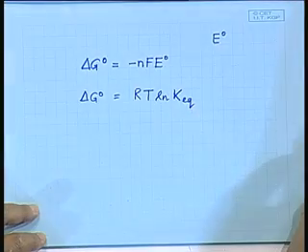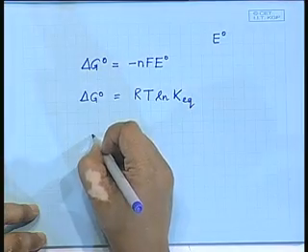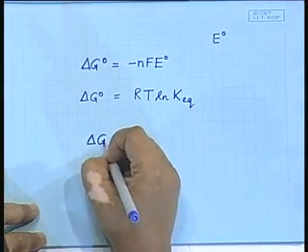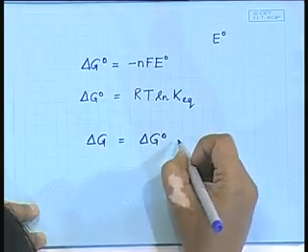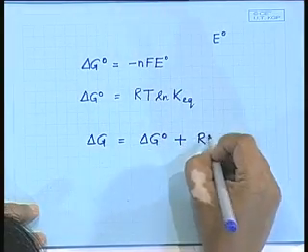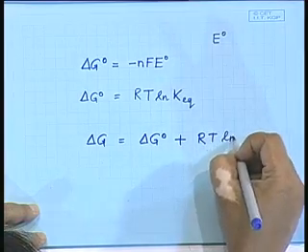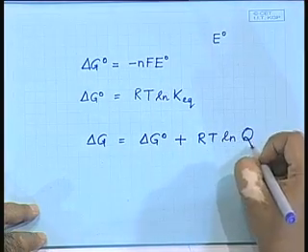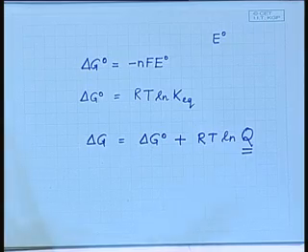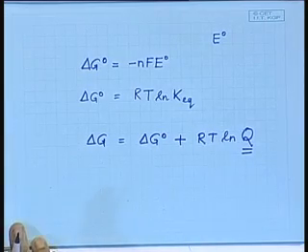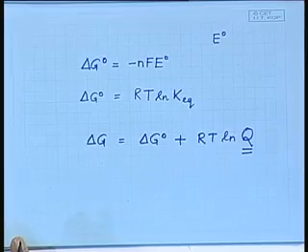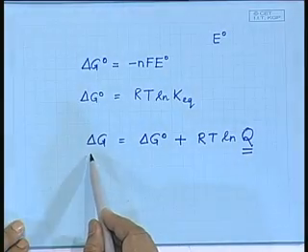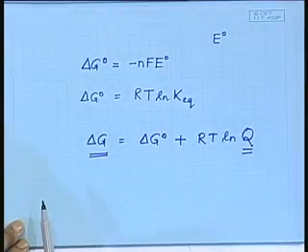Then you can have a delta G. What is that? That is delta G0 plus RT ln Q. What is this Q? This Q is your reaction quotient. What is the reaction quotient? It is the ratio of the concentrations of the products to the reactants. Okay. So, based on that you can find the delta G associated with this.